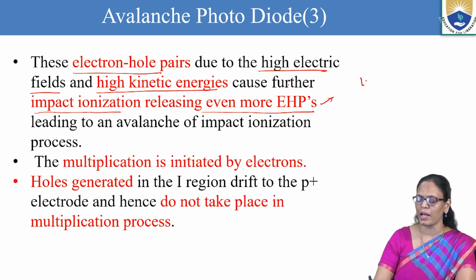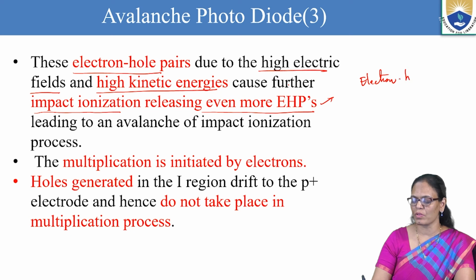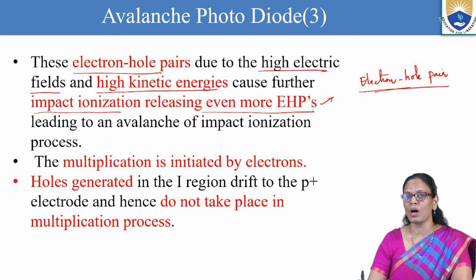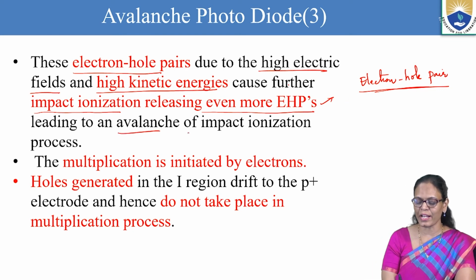EHP is nothing but electron hole pair. So the result of impact ionization, or this electron hole pair generation, leads to an avalanche of the impact ionization process.